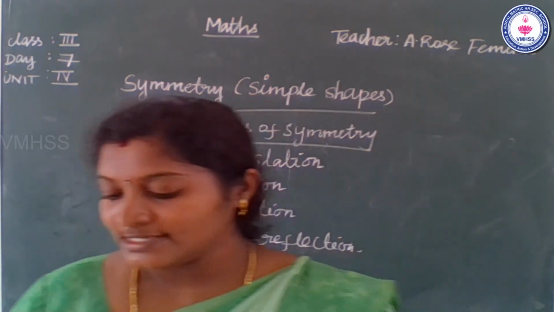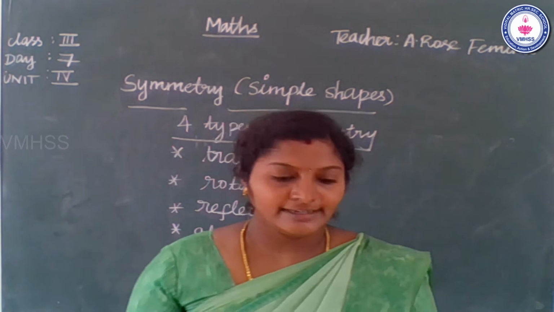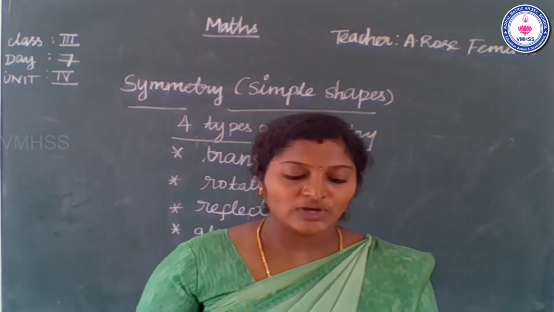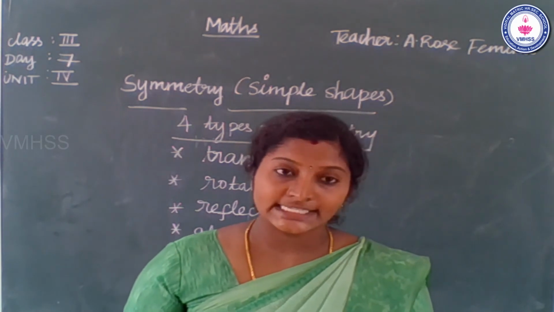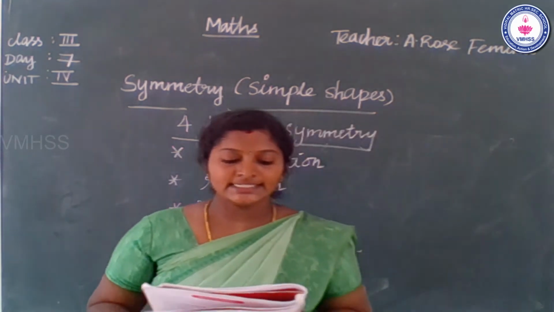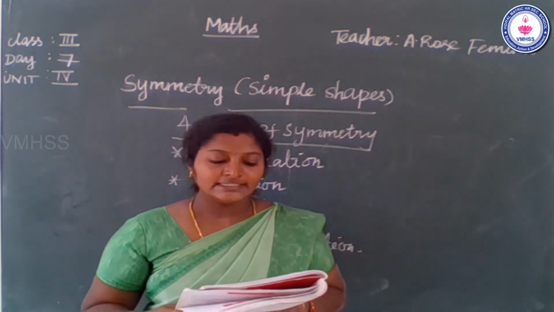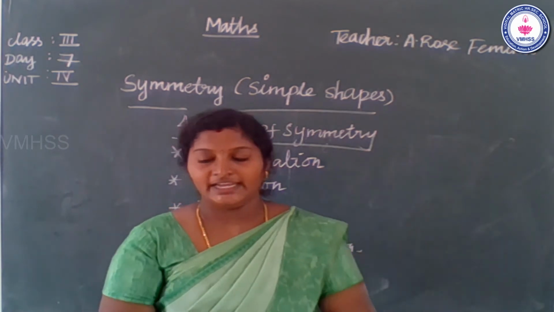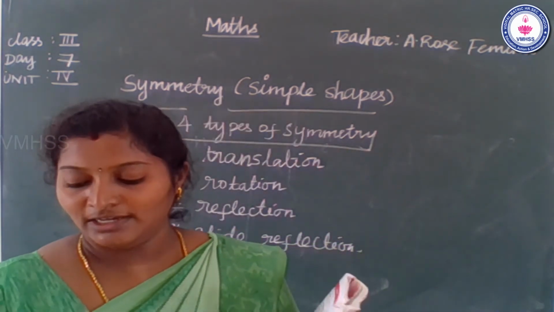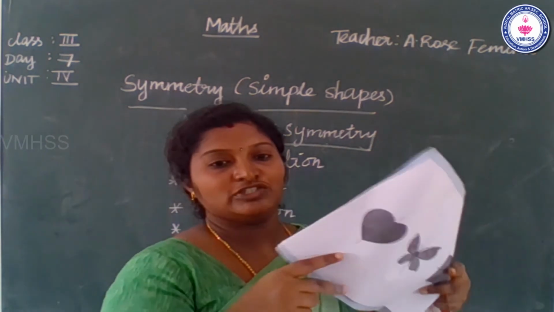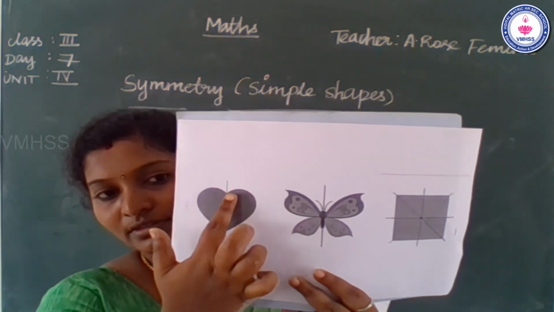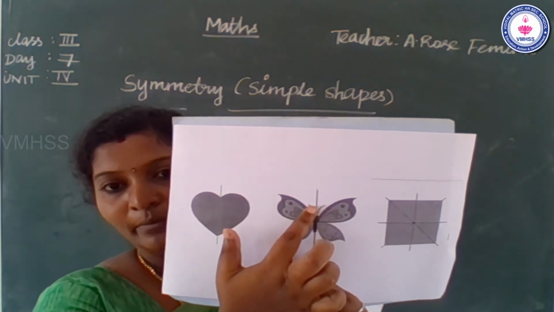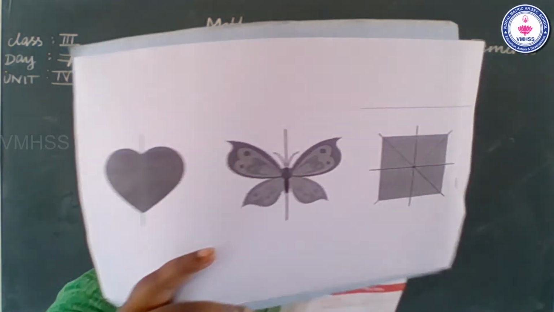Okay students, an object is said to have symmetry when its one half looks exactly like its other half. Take a look at the butterfly. I have one butterfly picture. See there, this is a butterfly image.